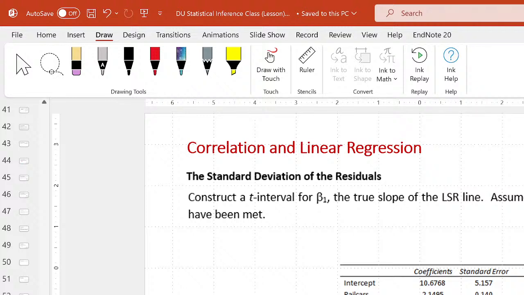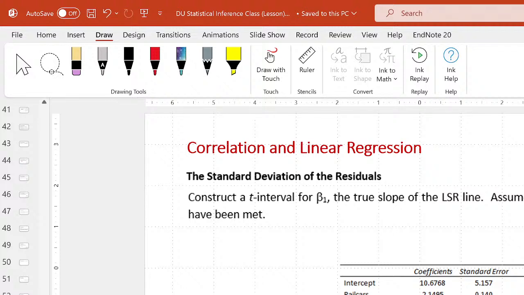A confidence interval for the mean response when x takes the value x star is this: y hat plus or minus t critical times the standard error of mu hat. There is the formula.